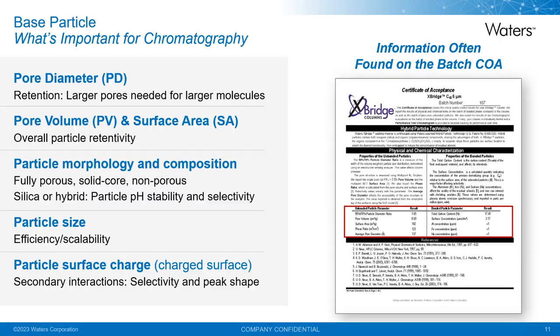And then we have the particle surface charge, or charged surface, which influences or may suppress any secondary interactions, impacting selectivity and peak shape. Many times you can find these specific attributes on the Waters certificate of analysis, which are available online with a specific product page and/or in the Waters marketing collateral that you may find for the columns.